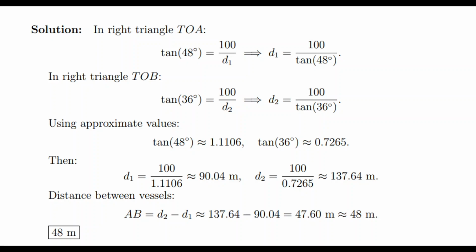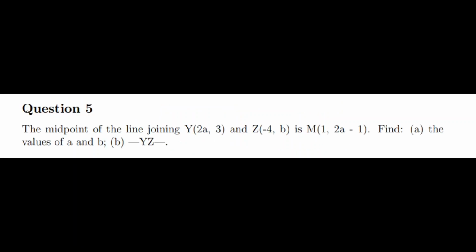Question 5. The midpoint of a line joining Y, which is (2a, 3), and Z, which is (-4, b), is M, which is (1, 2a minus b). A, find the value of a and b, and B, find YZ, the magnitude of Y and Z. So the solution: the midpoint formula M is equal to (x1 plus x2 all over 2, y1 plus y2 all over 2).